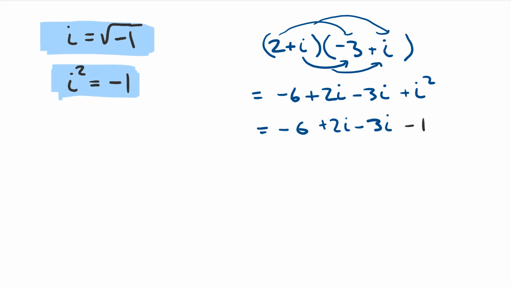Now we put it all together. We've created ourselves a new complex number. Negative 6 minus 1 is negative 7, and 2i's remove 3i's will get you a negative i. And that's how we're going to do any sort of multiplication, by using foiling and letting it just run all the way out.